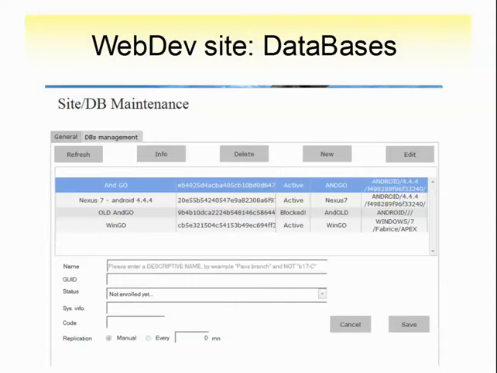Under Android, it is sending the fact that it is Android, the version of the system, and the IMEI, I don't know how you pronounce that thing, the identifier of the phone or the tablet. By doing that, it allows the person on the other side to say, okay, that's the tablet of this guy, that's the Windows of that guy, and give it a proper name. Of course, that could be done on the client side. Then you would rely on the user to give a proper name to a database, and that may not be the best of ideas.